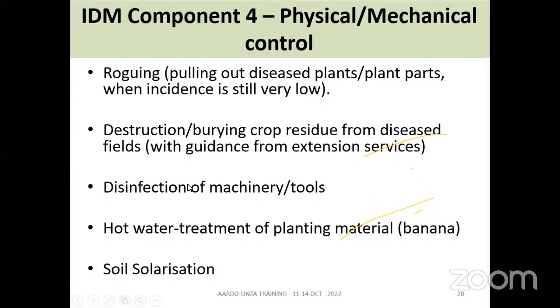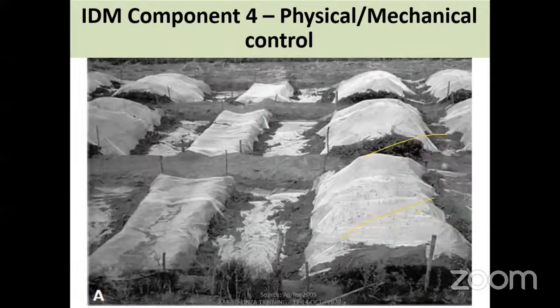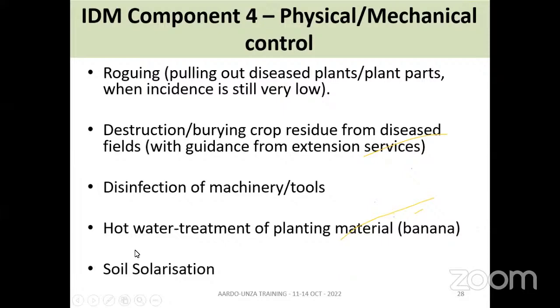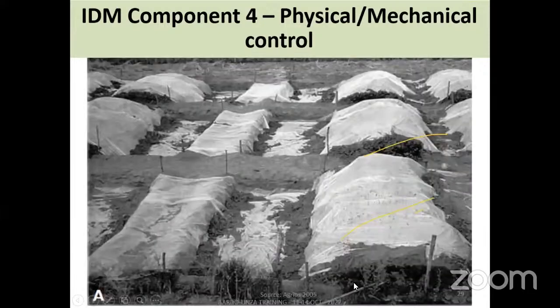Disinfection, cleaning of material, this is something that can be done. Hygiene. There are some viral diseases for which you can do meristem tissue culture, where you dip in some hot water and it will help deal physically with the pest.